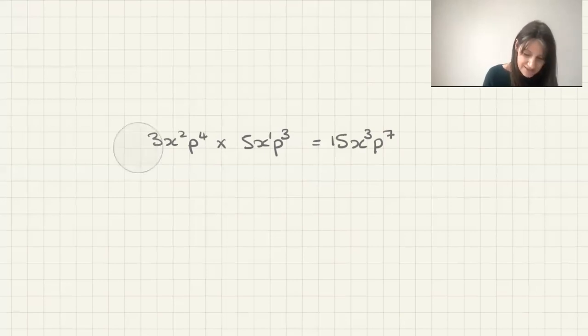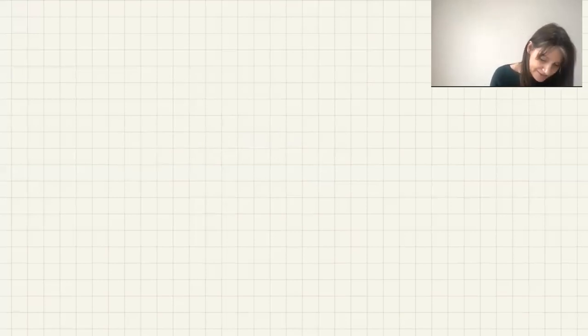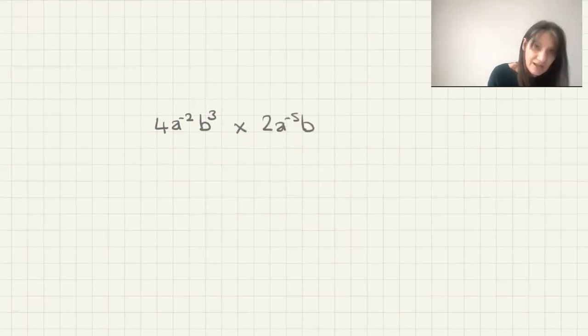Let's do a similar one to that. So we've got 4a to the minus 2 b to the 3 times 2a to the minus 5b. Okay, so hit pause and press play when you're ready. Okay, in stages. 4 times 2 is 8.